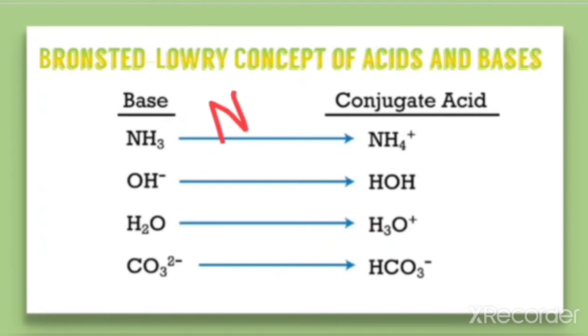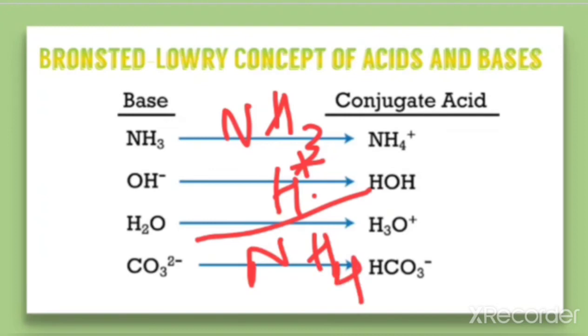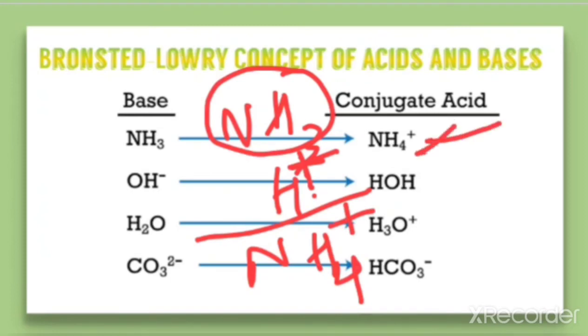When you add one H positive, what does it become? NH3 already has three hydrogens and one hydrogen gets added, therefore NH4. Because this is a neutral molecule and one positive charge is coming with the H positive, one positive charge comes, that is NH4 plus. So that is the conjugate acid for this.